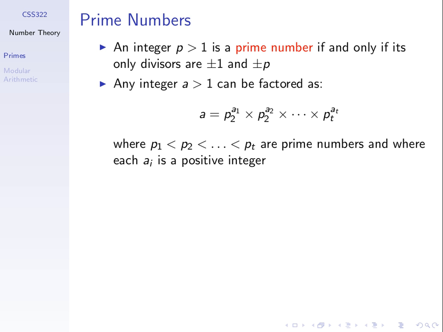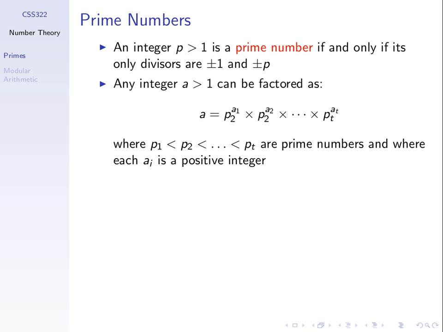So here, for example, 3,600 is simply 2 to the power of 4 times 3 squared times 5 squared, where we would say if P2 equals 2, A2 is 4, A3 is 2, A5 is 2.